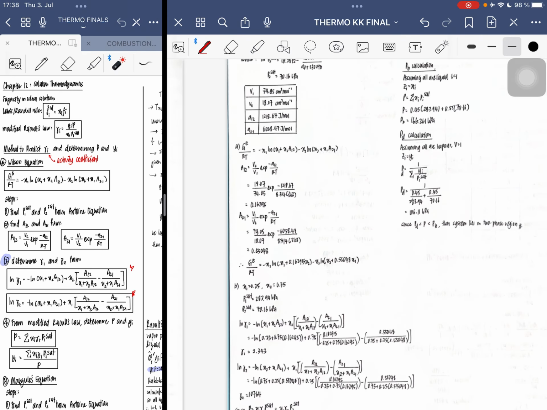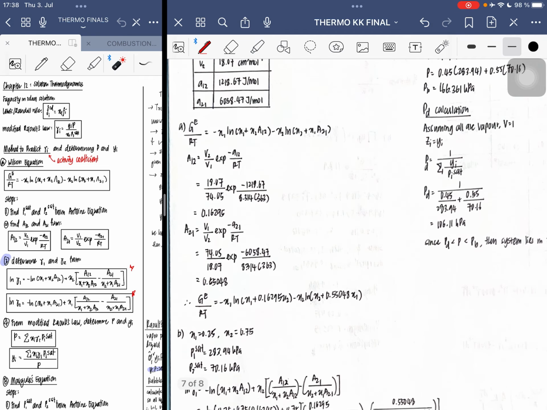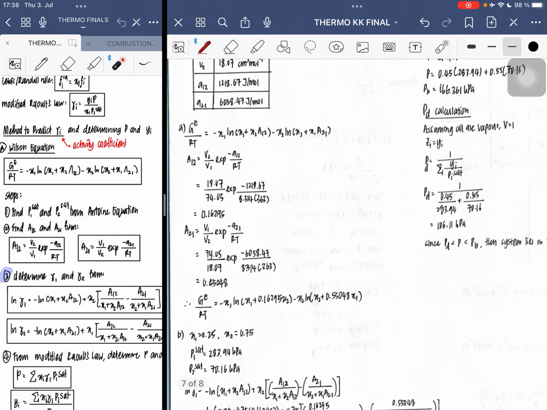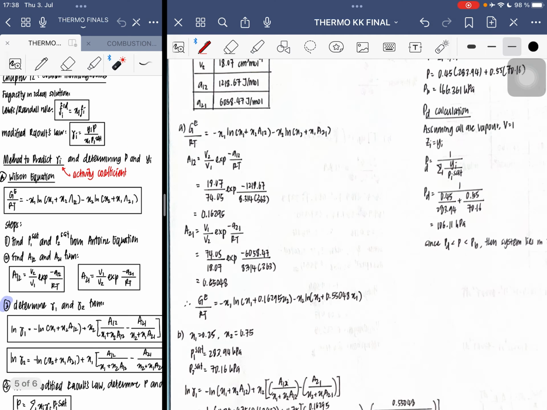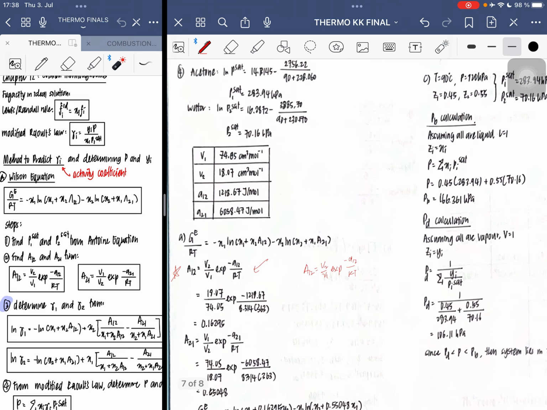You know the value of A12, because the formula is this one here: A12 equals V2 over V1 times the exponential function of a12 over RT, where R is 8.314 and T is 363. Again, make sure to cancel out values and use the right gas constant. Then just express it as the Wilson model or Wilson equation. You just leave your answer like this.